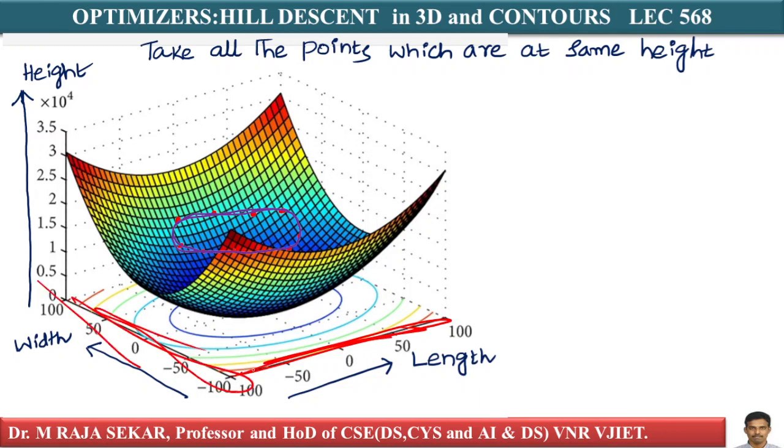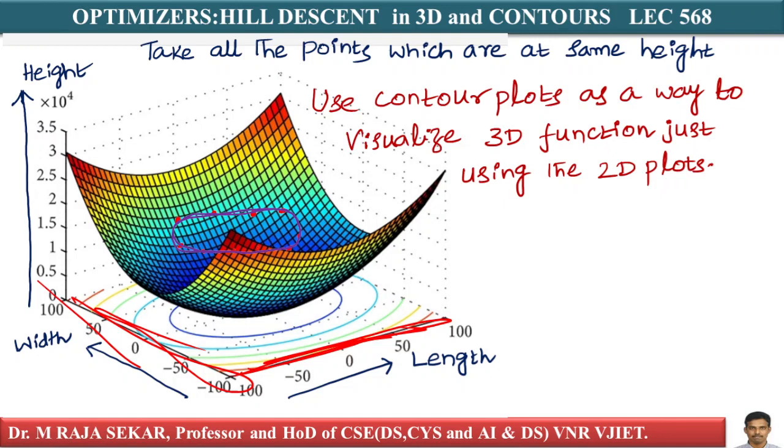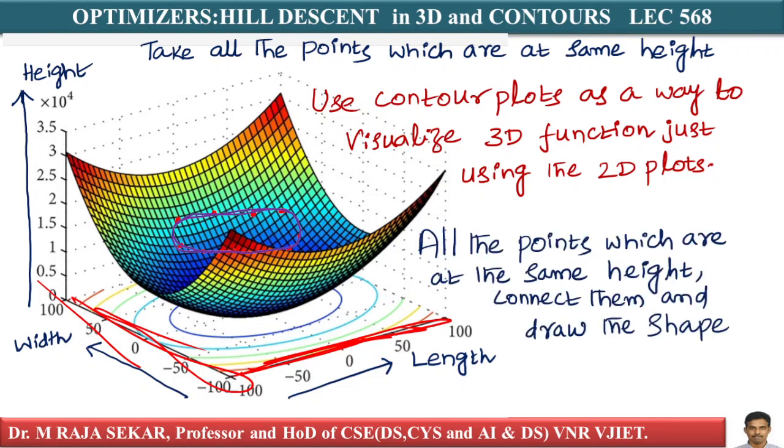You are visualizing 3D on a 2D surface. So they use contour plots as a way to visualize a 3D function using just 2D plots. All the points which are at same height, that is important, connect them and draw the shape.